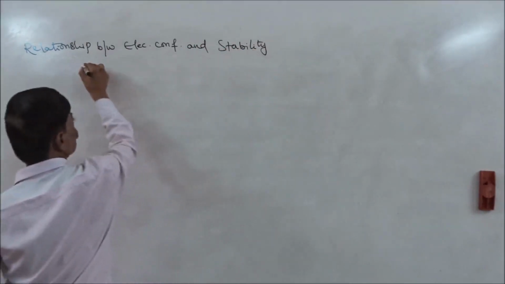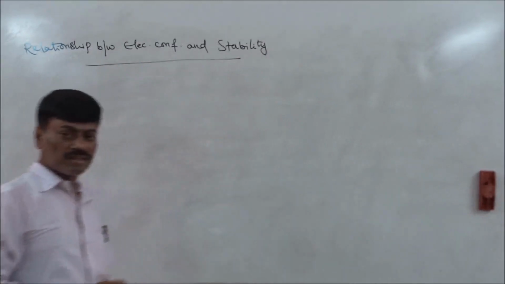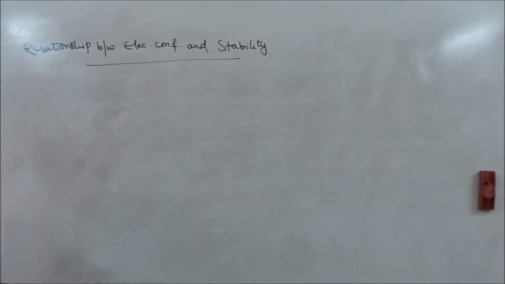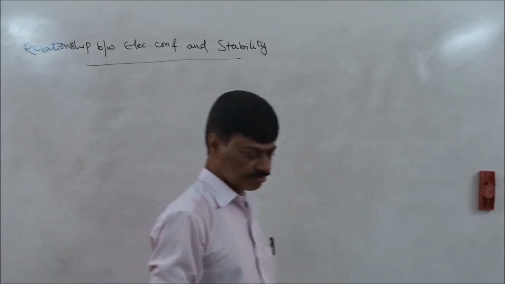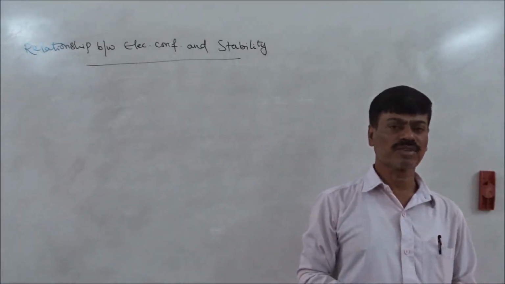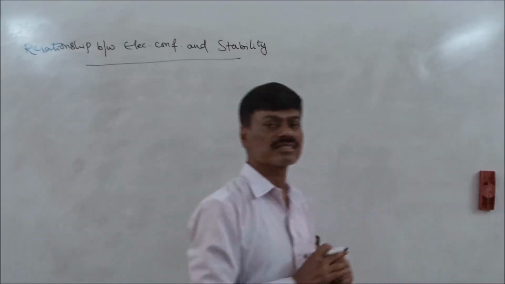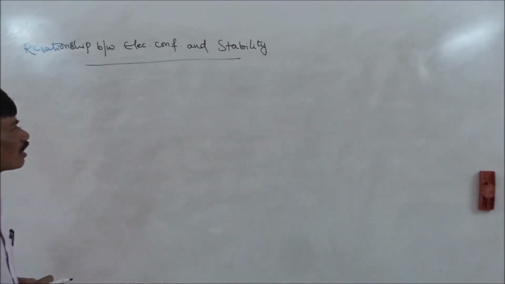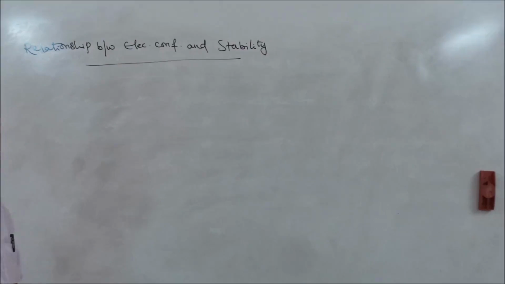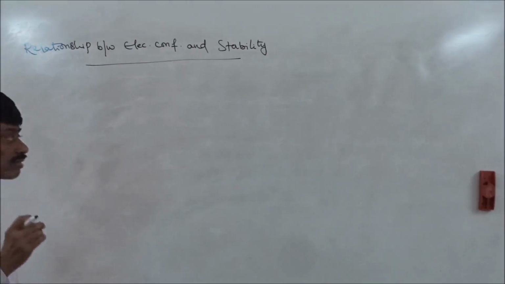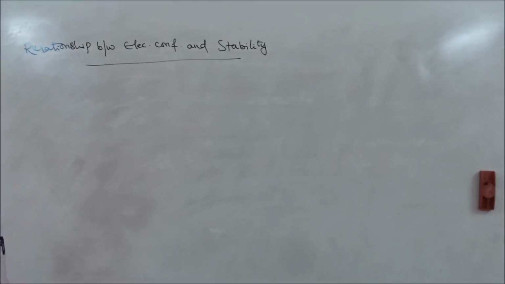This is the topic. The important point of this topic is whenever the subshell is completely filled, or a complete shell, if you take second shell, third shell, etc., whenever it is completely filled or exactly half filled, then it is said to be stable.